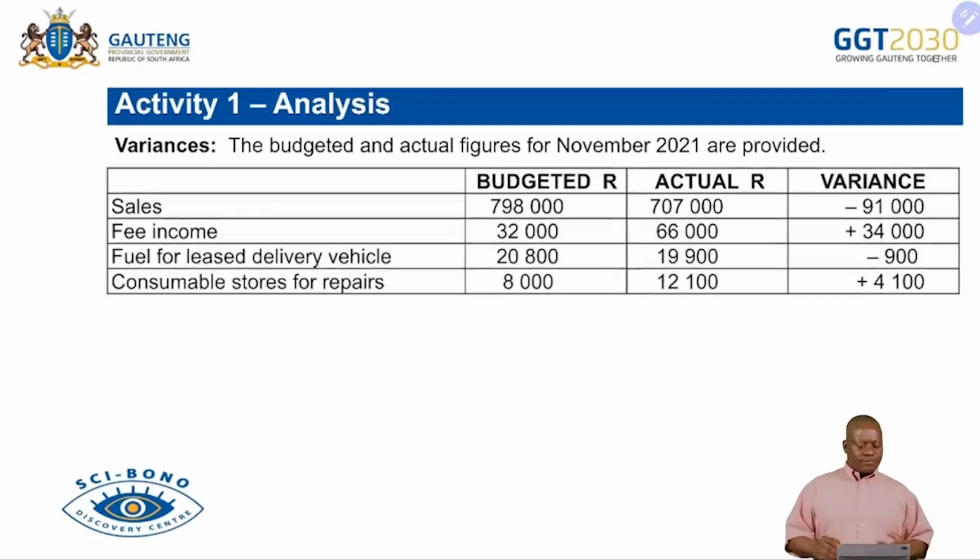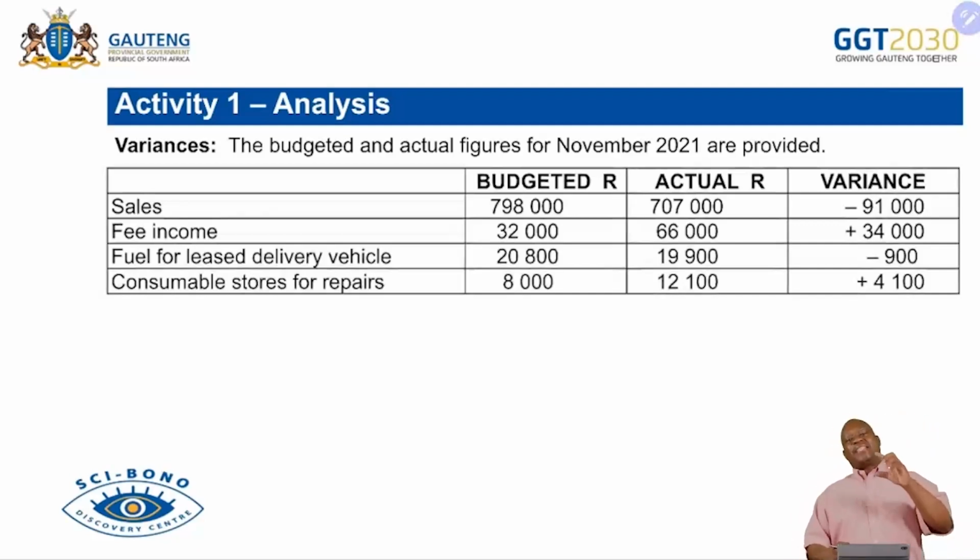Now, when it comes to this, one thing that you need to know is: is this variance to our benefit? Is it positive or is it negative?